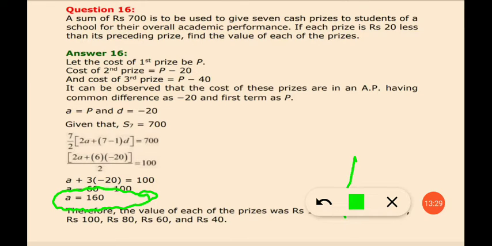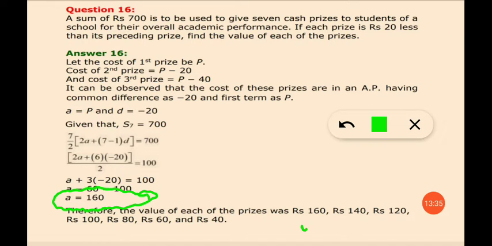So we can say that the value of the first prize is 160, next prize 140, then 120, 100, 80, 60 and 40. So these are the values of each prize. Got it, students? Okay.